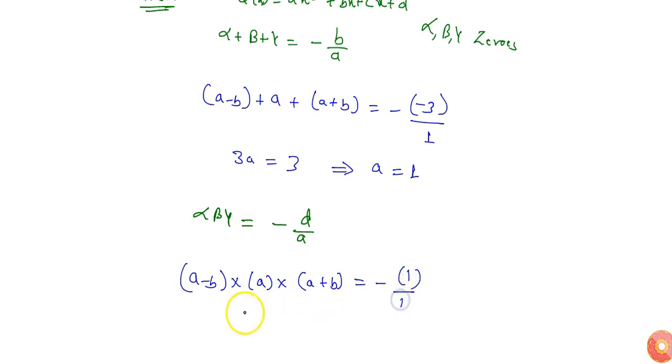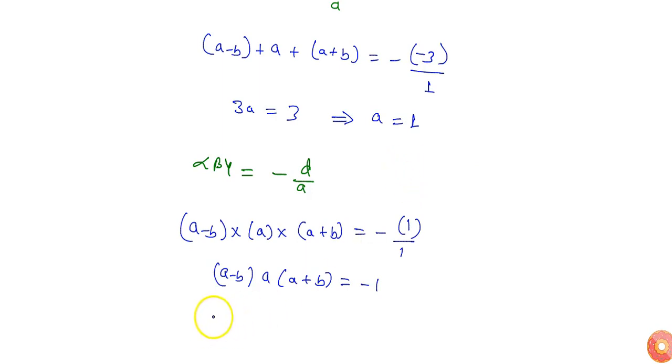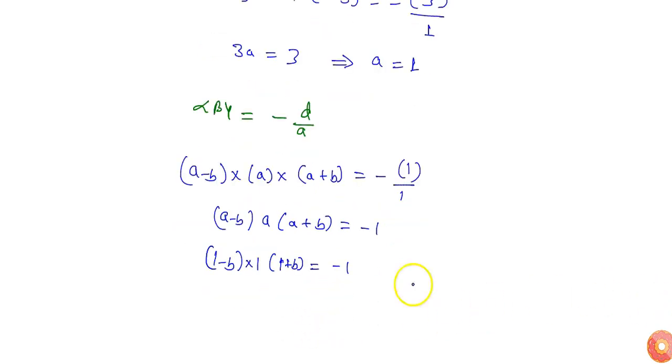So from here I can write (a minus b) into (a plus b) is minus 1, and value of a is 1, so I can write (1 minus b) into (1 plus b) equals minus 1, or I can say (a minus b) into (a plus b) will be a square minus b square, so a square minus b square equals minus 1.